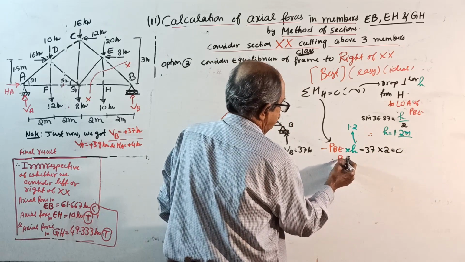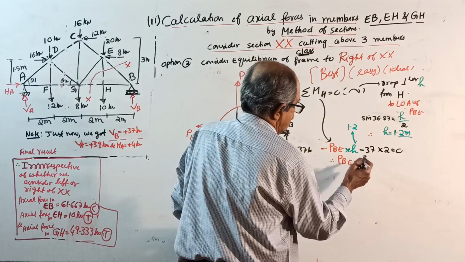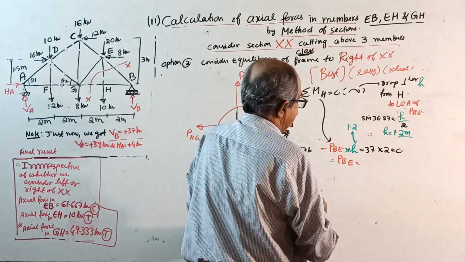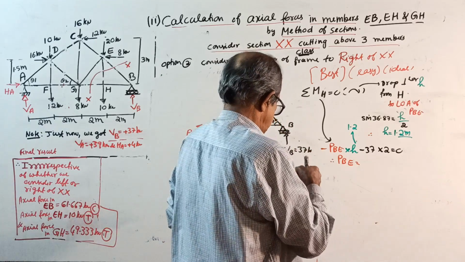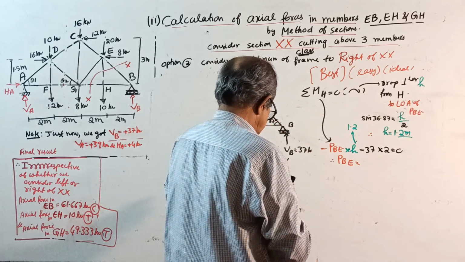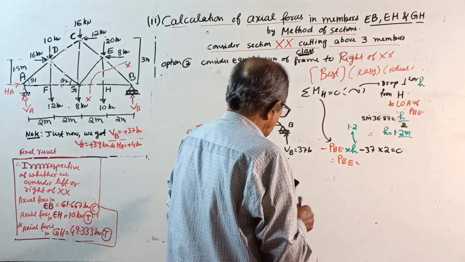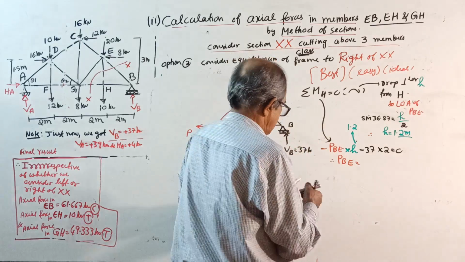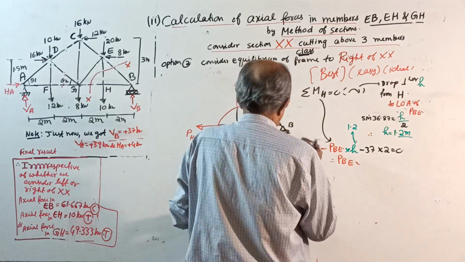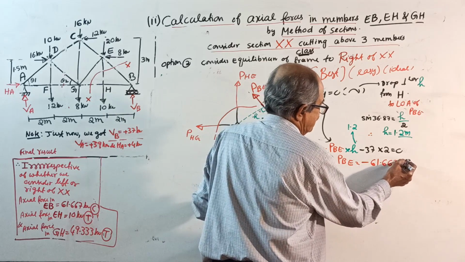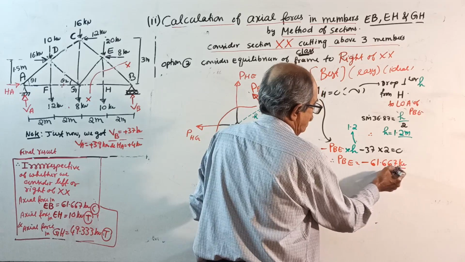But h is known for you, 1.2. Therefore you get the value of PBE. 37 into 2 divided by 1.2 is 61.667. Minus, see, last time how much you struggled? Minus 61.66666 like that, kilonewton. Okay.